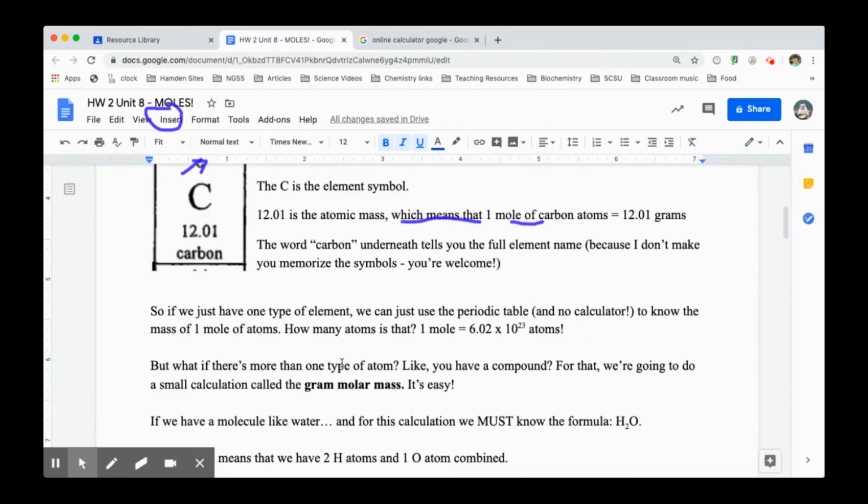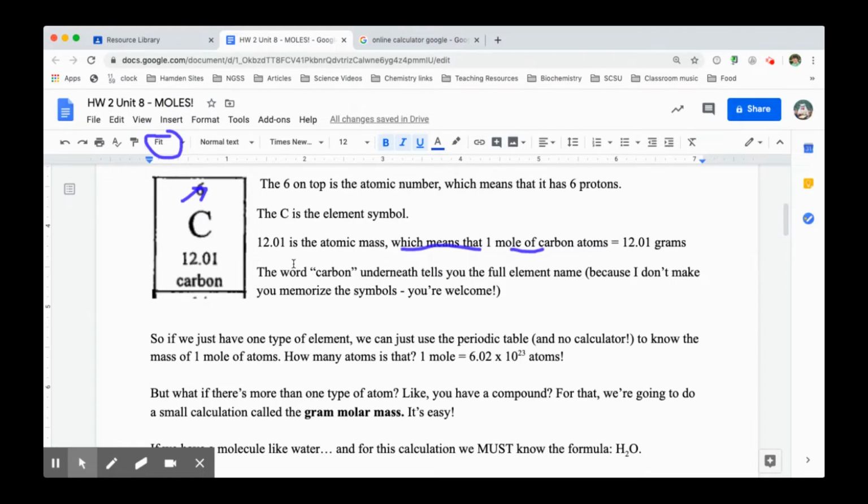So if we just have one kind of element, like just carbon atoms or just hydrogen, we can use the periodic table and we don't need a calculator to know the mass of 1 mole of atoms, right? 1 mole of atoms, that's 6.02 times 10 to the 23rd atoms.